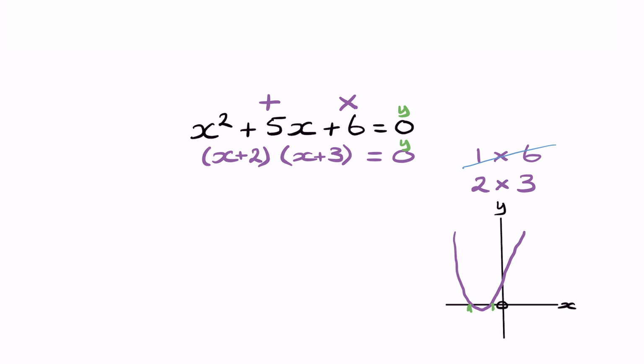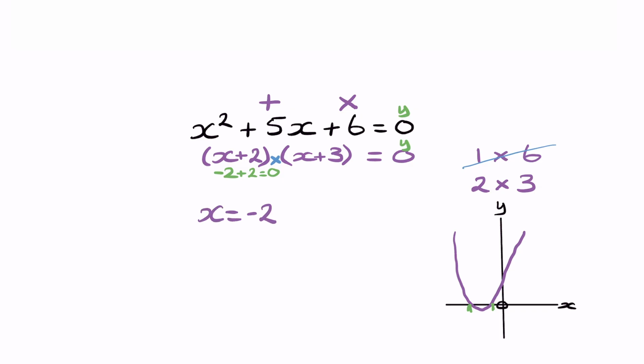Well, what could we do to make that bracket 0? This x value would need to be negative 2, because negative 2 plus 2 would equal 0. And so if this bracket is 0, because this bracket is next to this bracket, and there's an invisible multiplication sign there, that would mean if this bracket is 0, then multiply that by this bracket, the answer would be 0. So we say x equals negative 2.